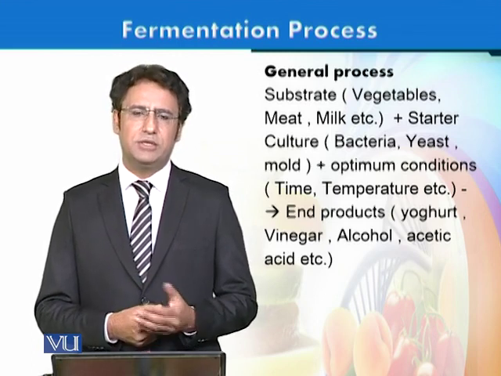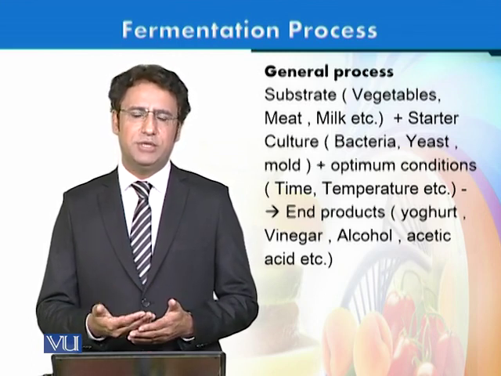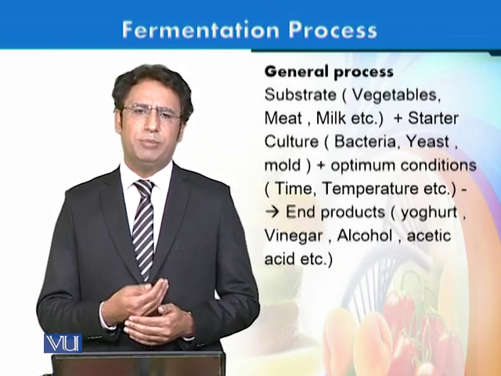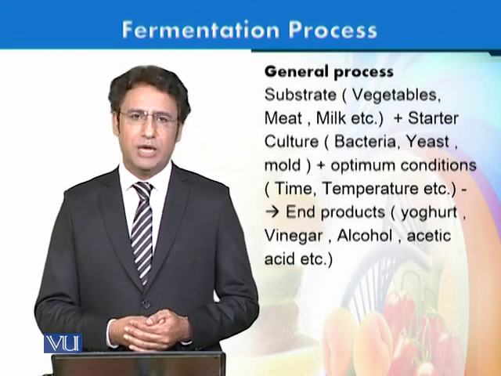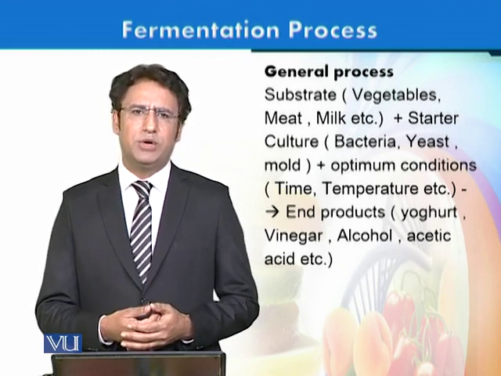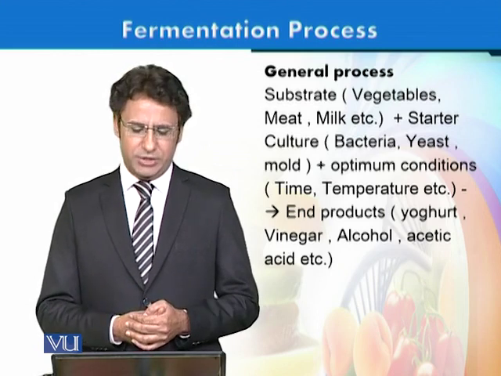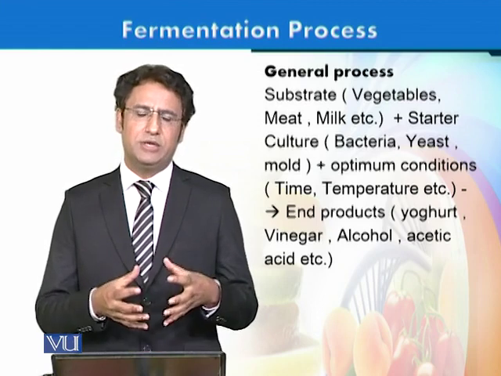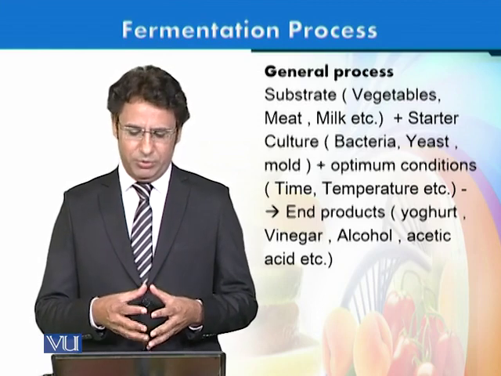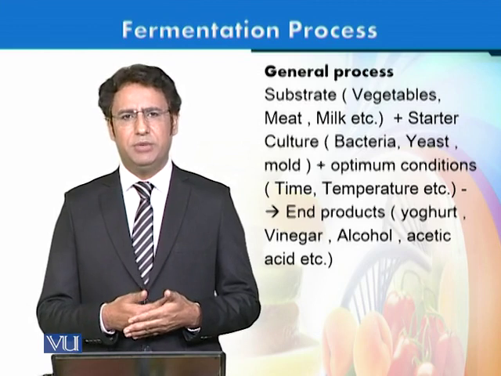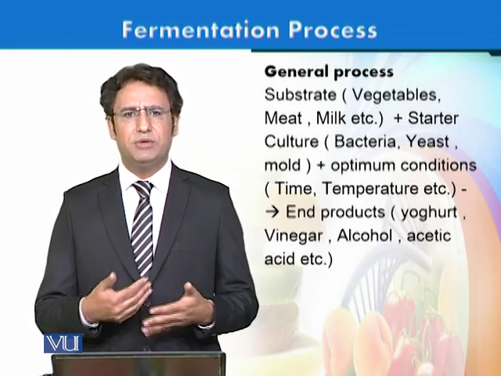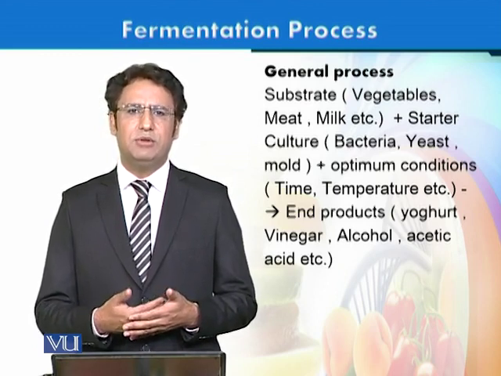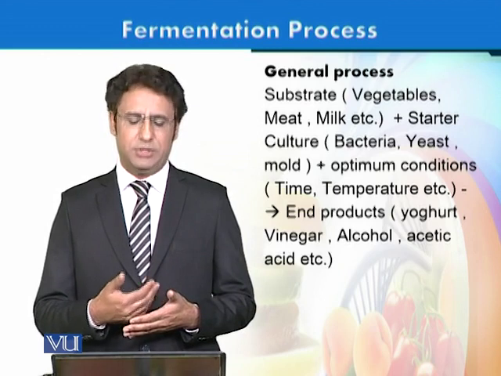Then we add starter culture to the substrate or the raw material, and this starter culture can be bacteria, yeast, or mold, depending upon the fermentation process that has to be considered here. Then after adding the starter culture, we focus on the optimum conditions such as time and temperature and maybe other factors for the growth of the microorganism to a desirable level of the final end product quality.